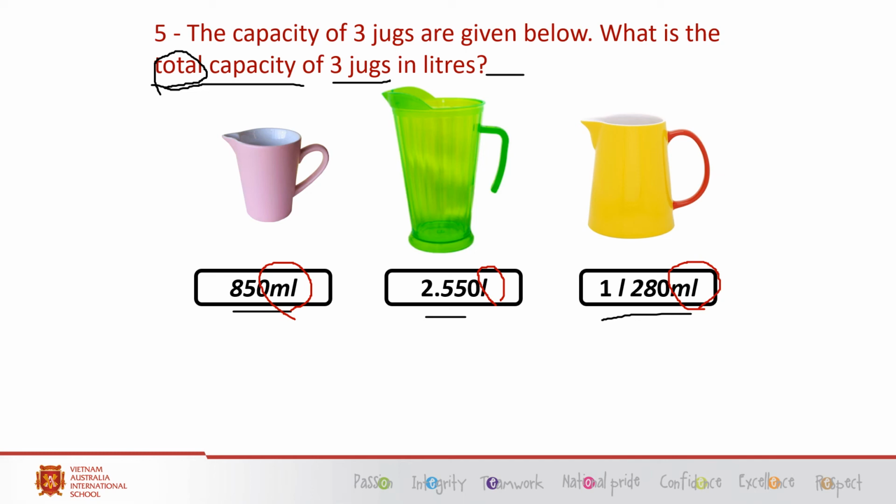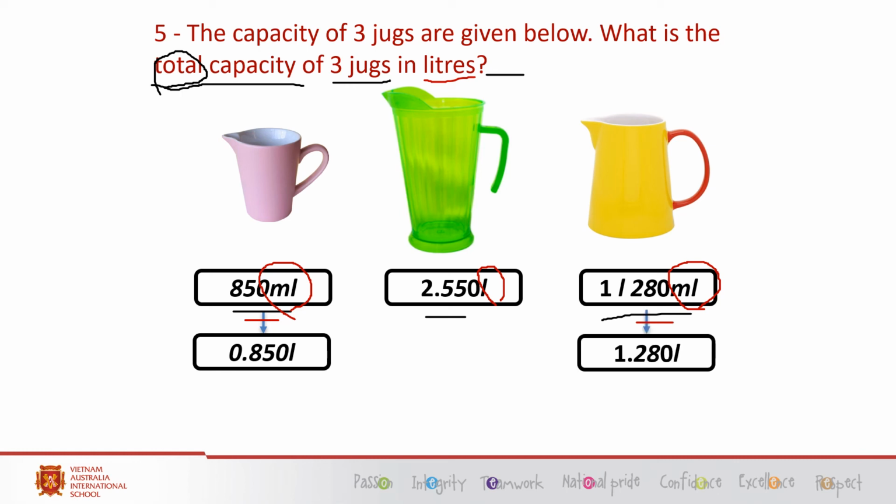And we look at the question carefully. In liters. So we need to convert from milliliters to liters. We need to convert this one and this one before we add. Here it is, we convert them to decimals.